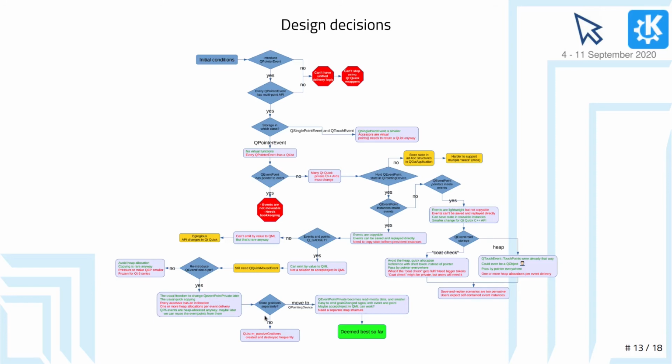Next thing is, should we store the grabbers separately? Because now that we've got the d-pointer, the QEventPoint private can store the list of grabbers, and that doesn't really cost very much. But on the other hand, those are being created and destroyed every time we're receiving a new event. So we decided to move that to this event point data object, which is stored in the QFlatMap in QPointingDevice.